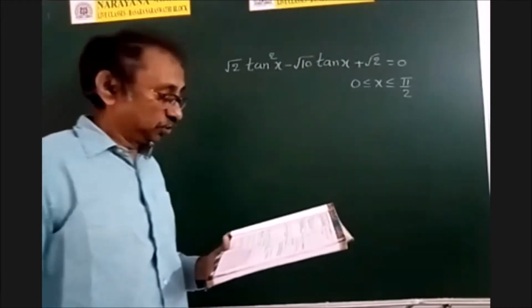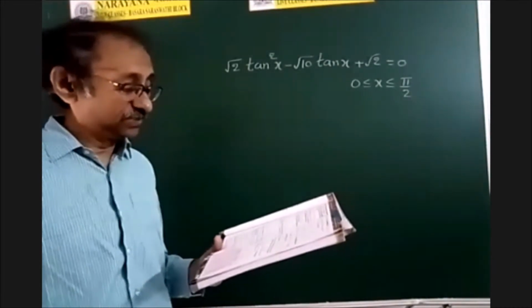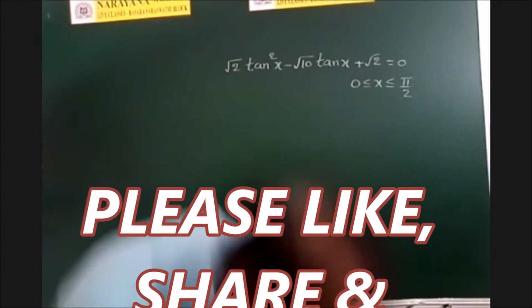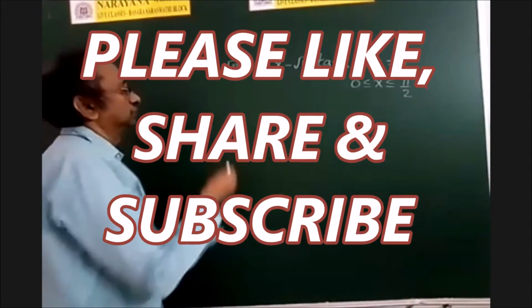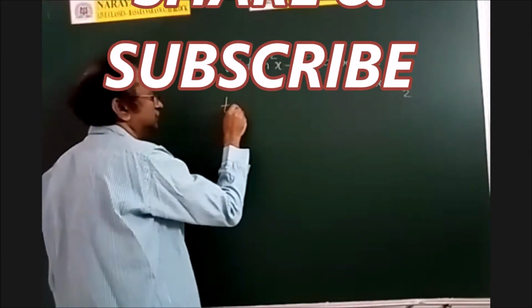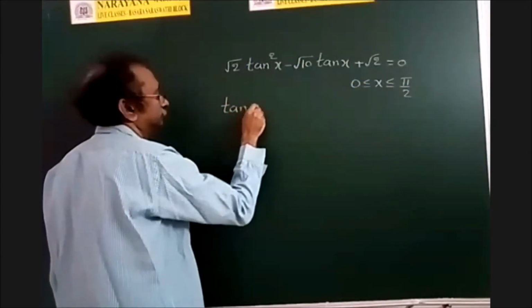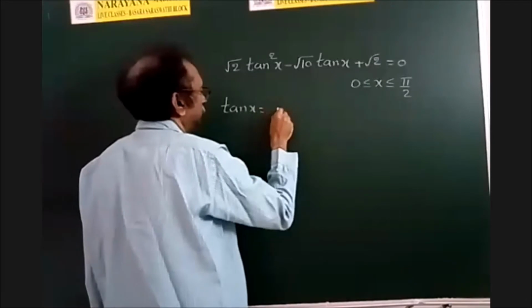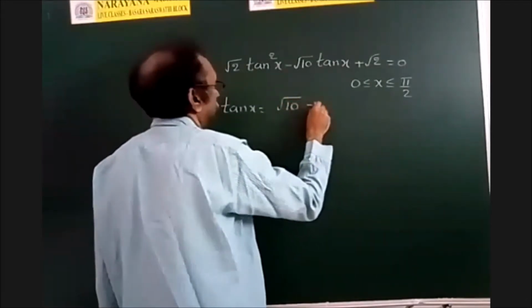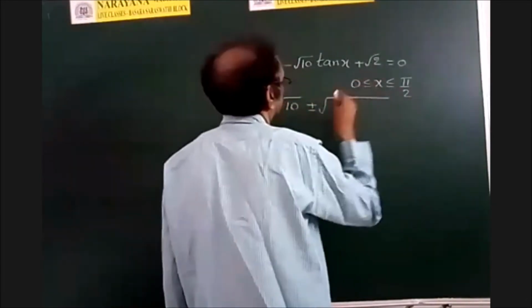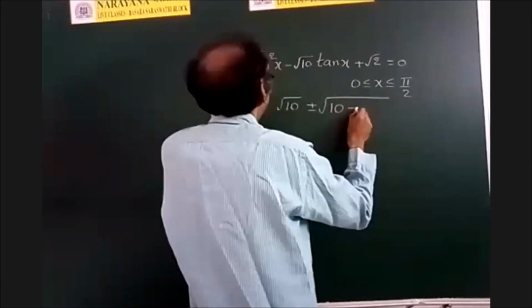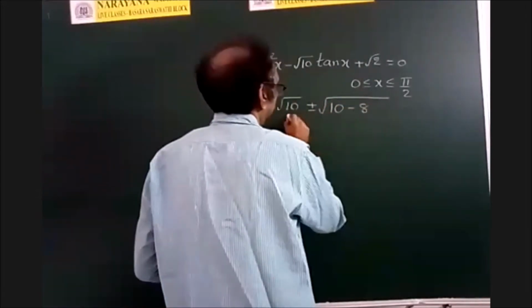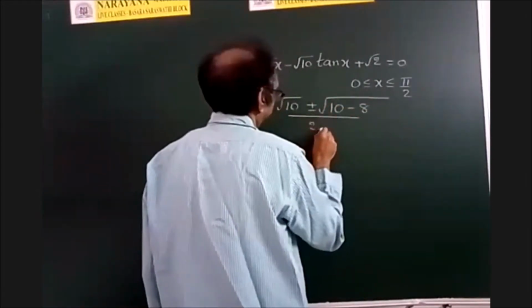So the solutions are in between 0 and pi by 2. Right, so let us solve this. Now what is tan x? Minus b plus or minus root of b square minus 4ac by 2a.